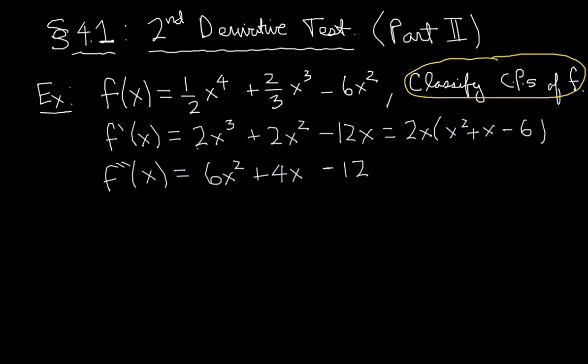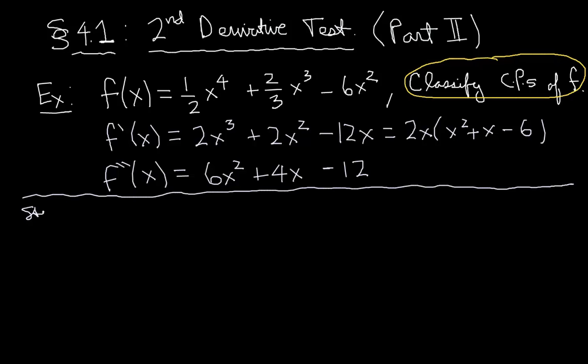You see each of these terms has a 2x in it. If you pull it out, then what you leave behind is x squared, x, and a negative 6.